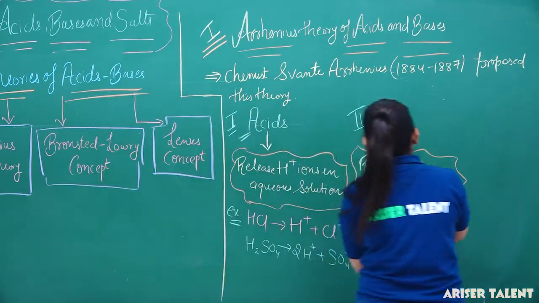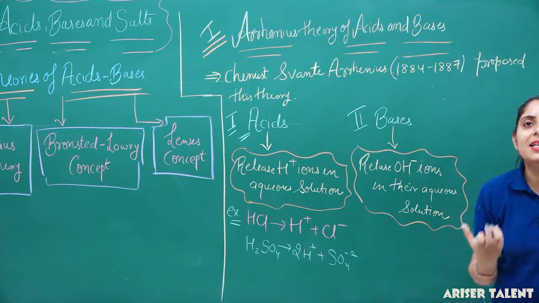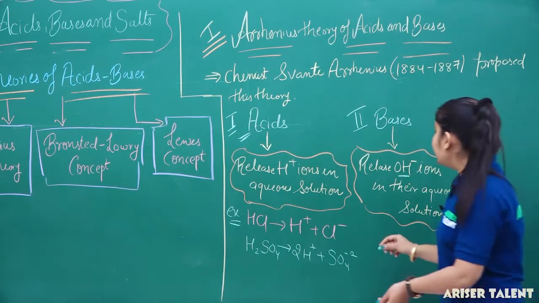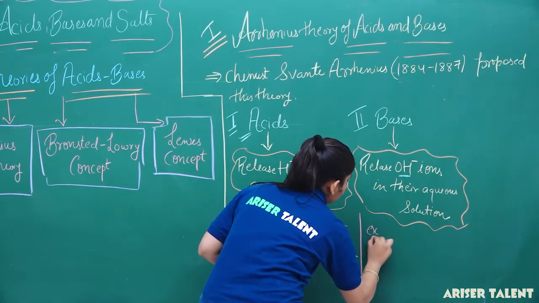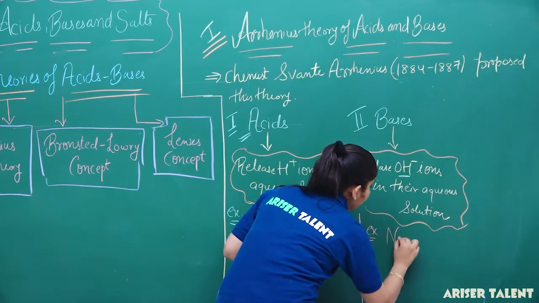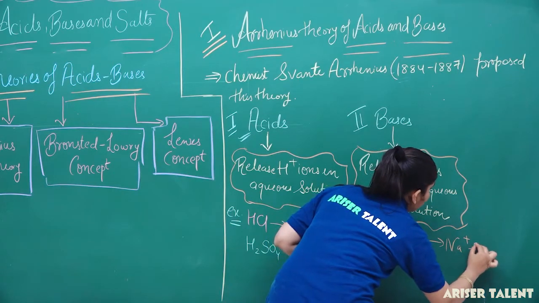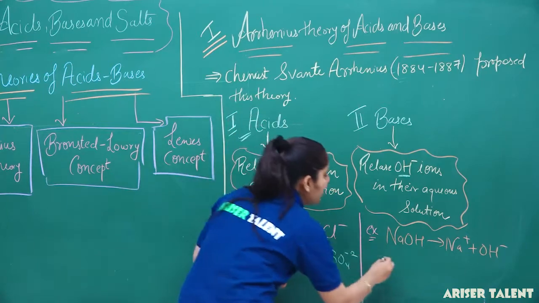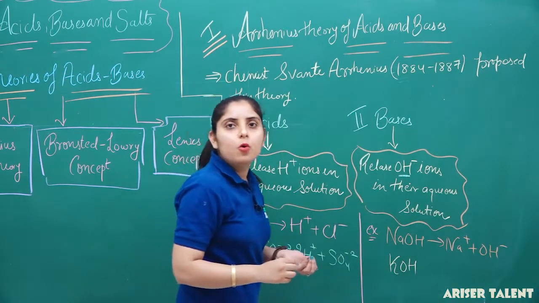Now we move to our next term, bases. Bases are those substances which have a tendency to release OH minus ions in their aqueous solution. Again we take examples. Suppose we have NaOH, caustic soda; it will dissociate into Na positive plus OH negative. The second example is caustic potash, that is KOH.